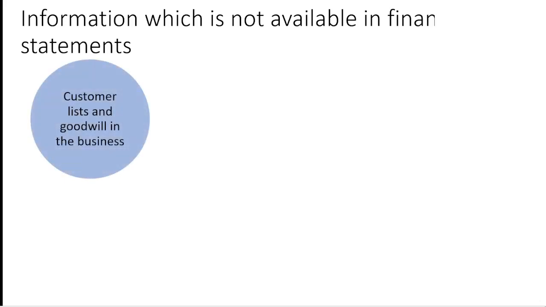Consider a scenario of two companies: one company has been in operation for 1 year, another company has been in operation for 5 years. Company A, which is 1 year old, has a much better consumer list, a much better prospect list than the company which has been running for 5 years.